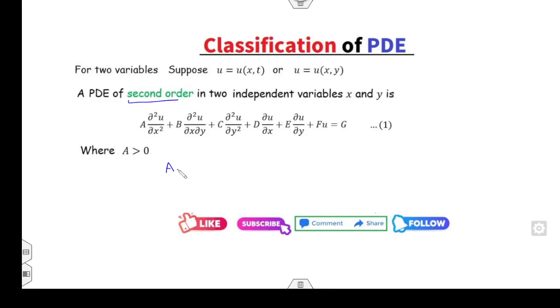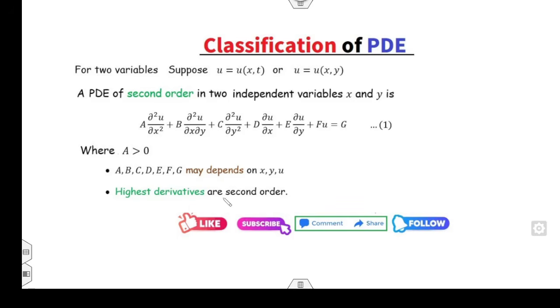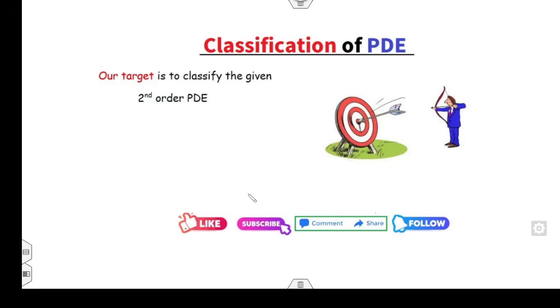Here the coefficients a, b, c up to g depend on the variables x, y and u, and the maximum order occurring in equation number 1 must be of order 2. The highest derivative occurring is of order 2. Then our target is to classify the given partial differential equations into elliptical, hyperbolic, and parabolic.